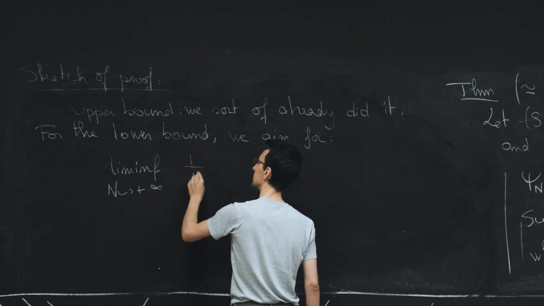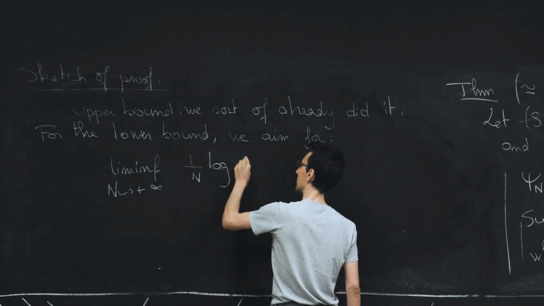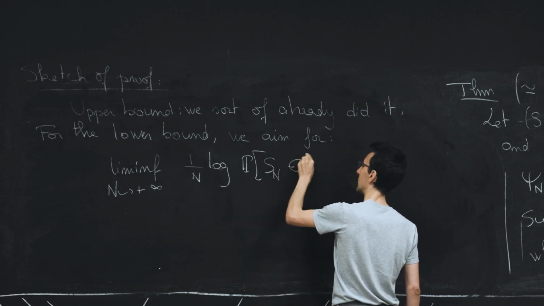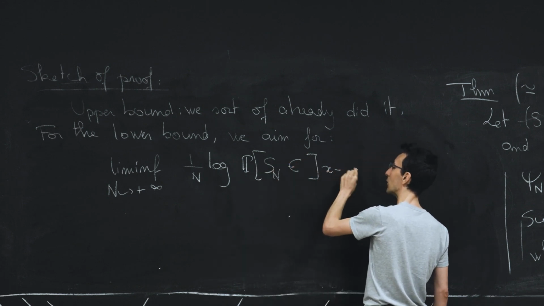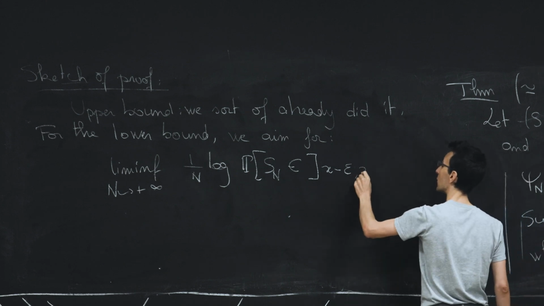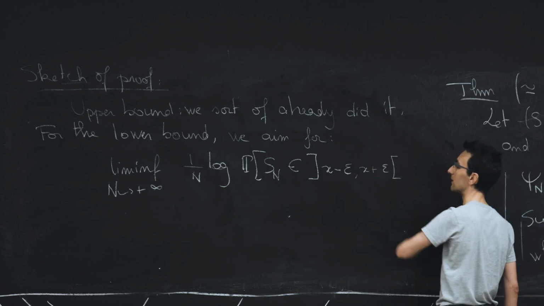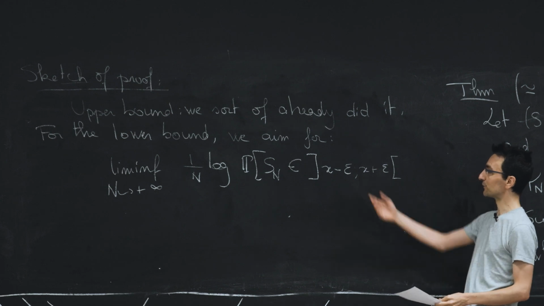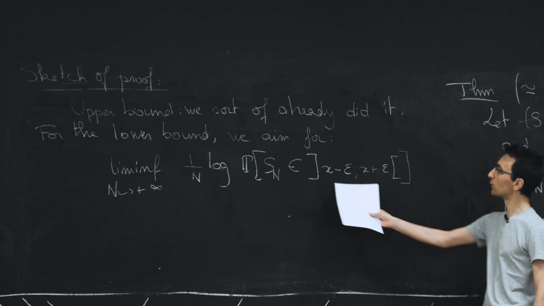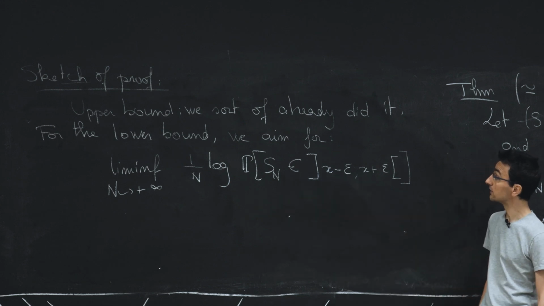So 1 over n log Sn. I'm going to just take a point x in R and give myself a little ball around x. My balls are inside R, so it's just this open interval. And so I'm going to ask myself about the probability of this event.